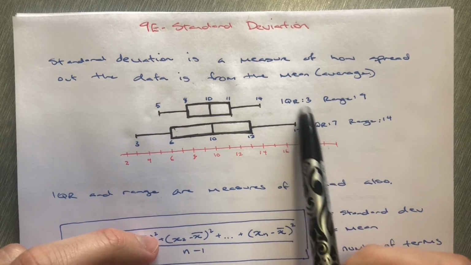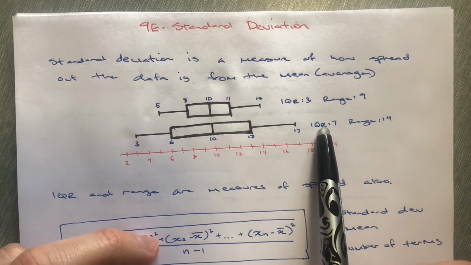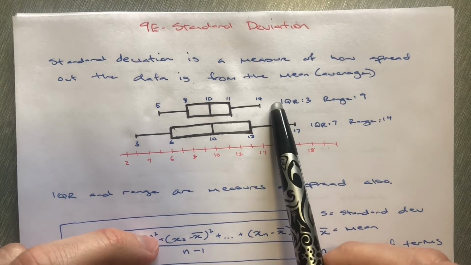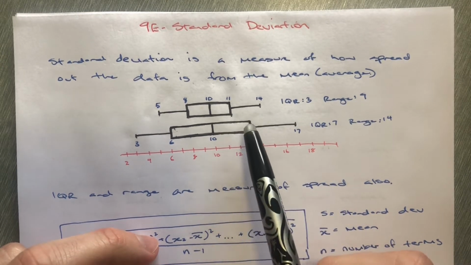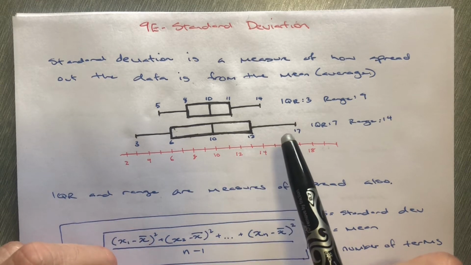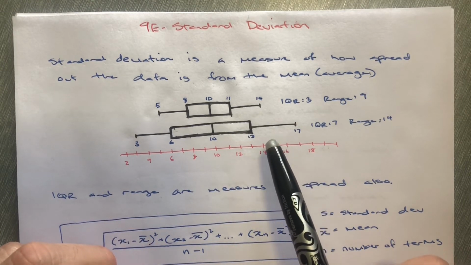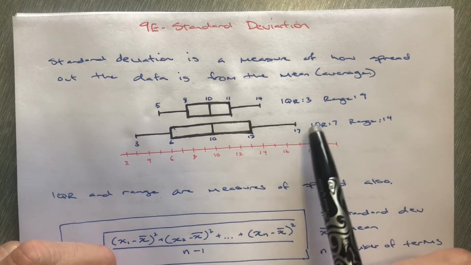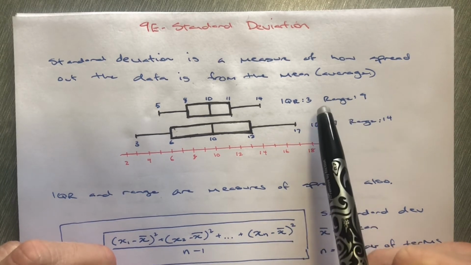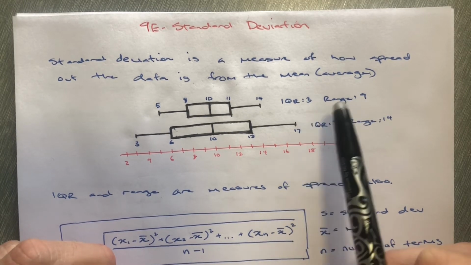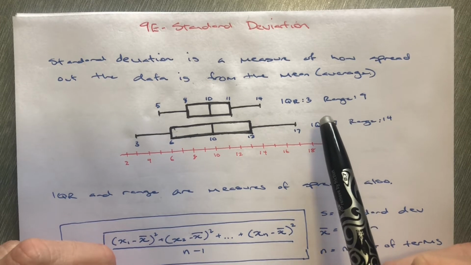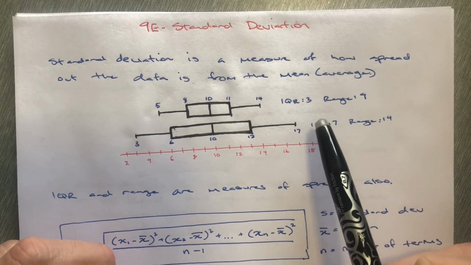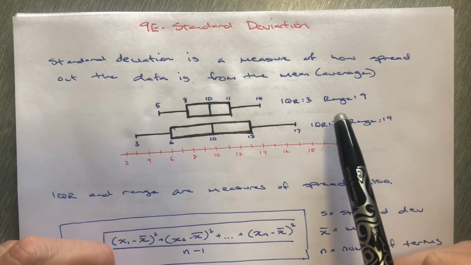And we can compare the IQR as well. The IQR of this one is more spread out than that one, and we can see it visually too. So we are slightly familiar with measuring the spread of data through these two measures, but standard deviation is just another way to do it. The larger the standard deviation is, the more spread out the data is.